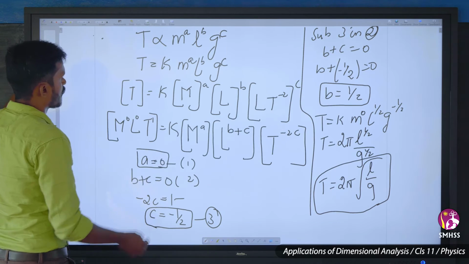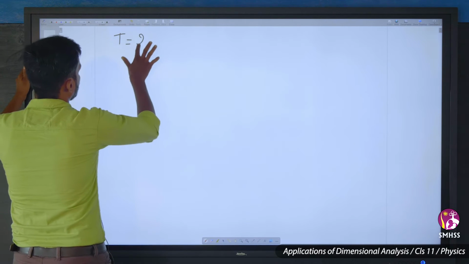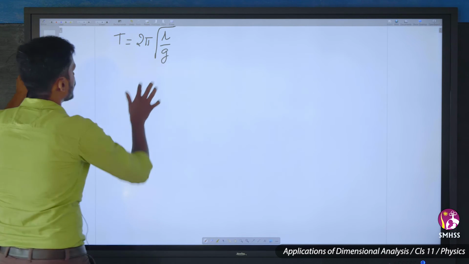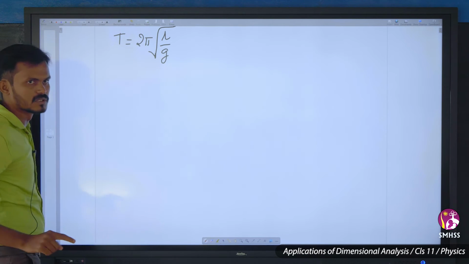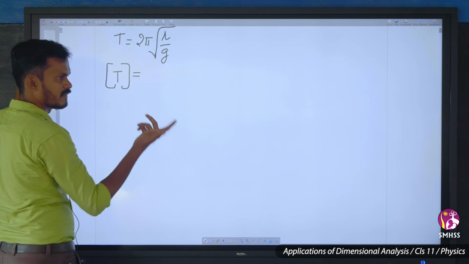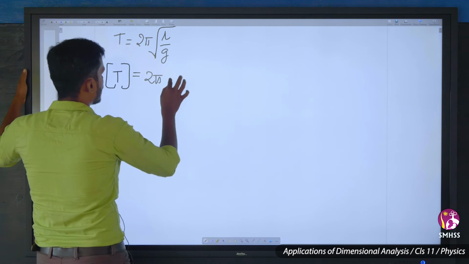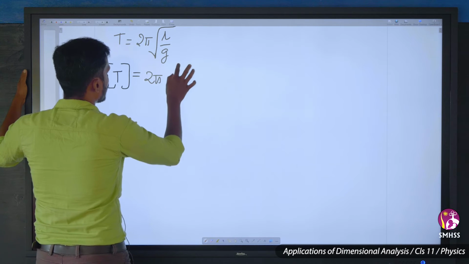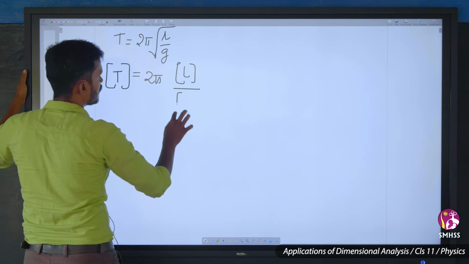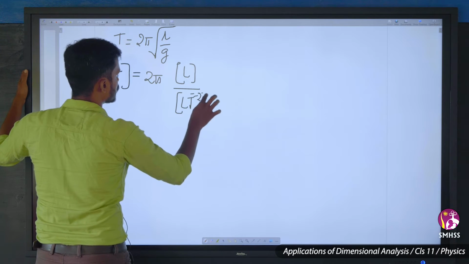We'll check now. So the final relation is T is equal to 2 pi root of L by g. Now apply dimensions on both the sides. For time period it is T. For 2 pi we cannot apply, it is a number, so no dimension. Instead of length we apply L. For acceleration due to gravity it is L T raised to minus 2.